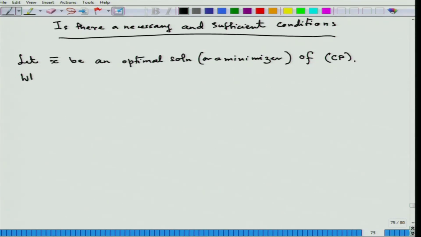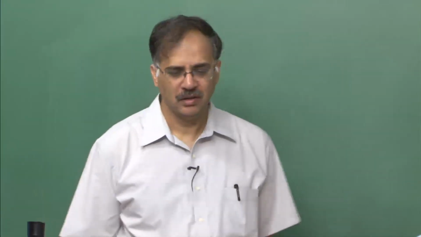What condition would x bar satisfy? I only know that they are not differentiable, and suppose I do not know anything about subdifferentiability. Then is there any way I can start off?